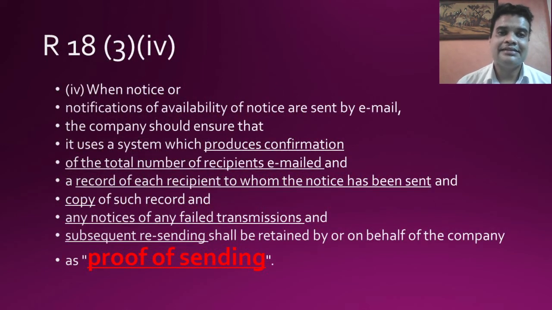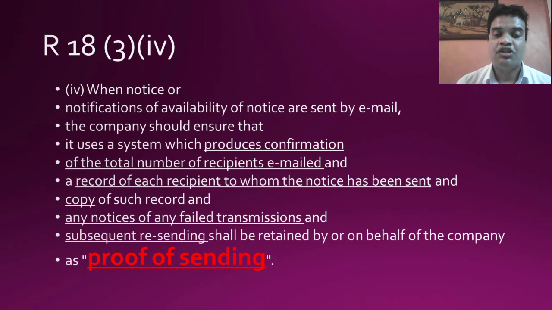Rule 18, Subrule 3.4 states that when notice is given by a company, the system which the company uses to send the notice should, one, produce a confirmation of the total number of recipients.